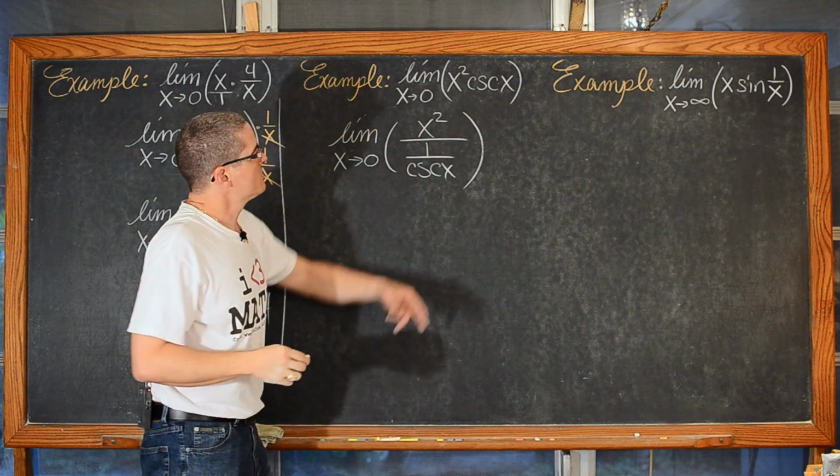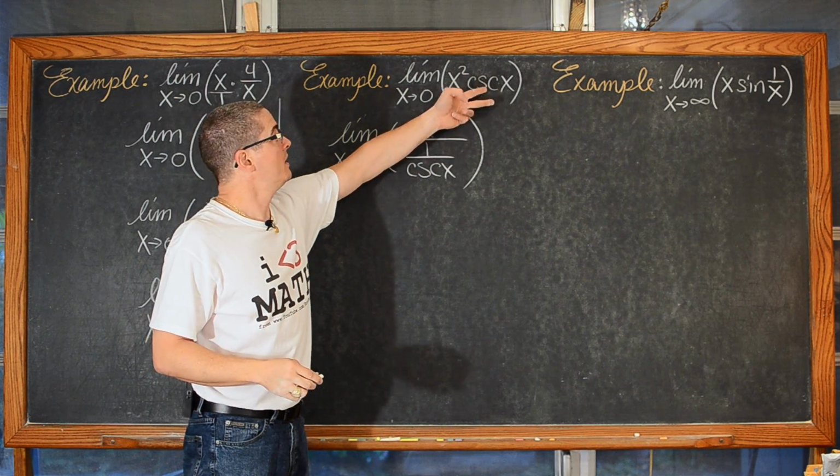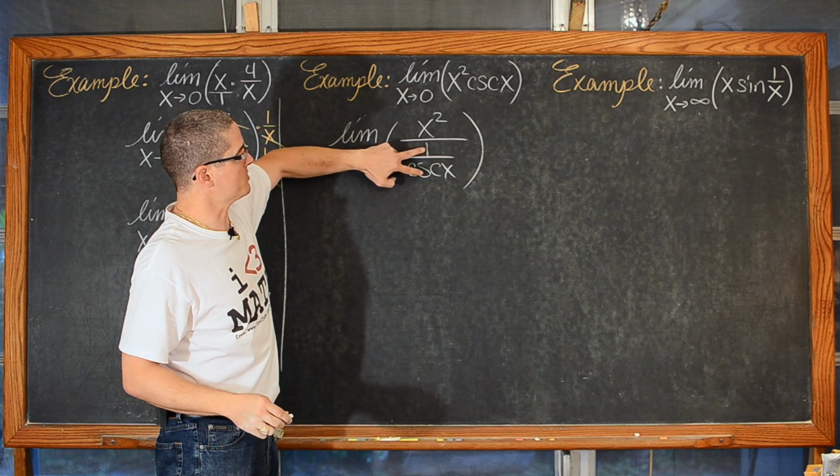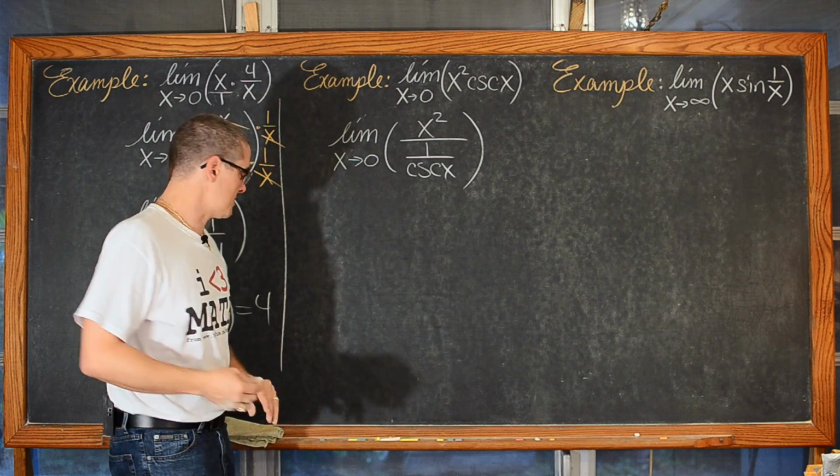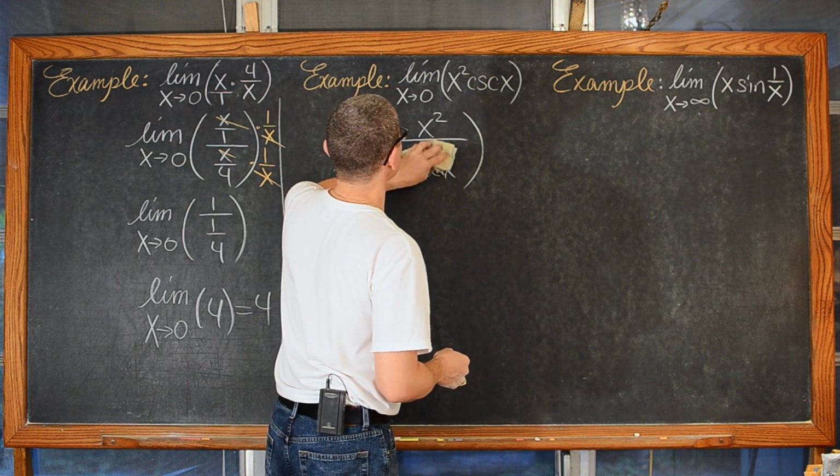I've taken the cosecant of x over 1 and flipped it down, dividing by the reciprocal. But 1 over cosecant of x is, of course, sine of x.